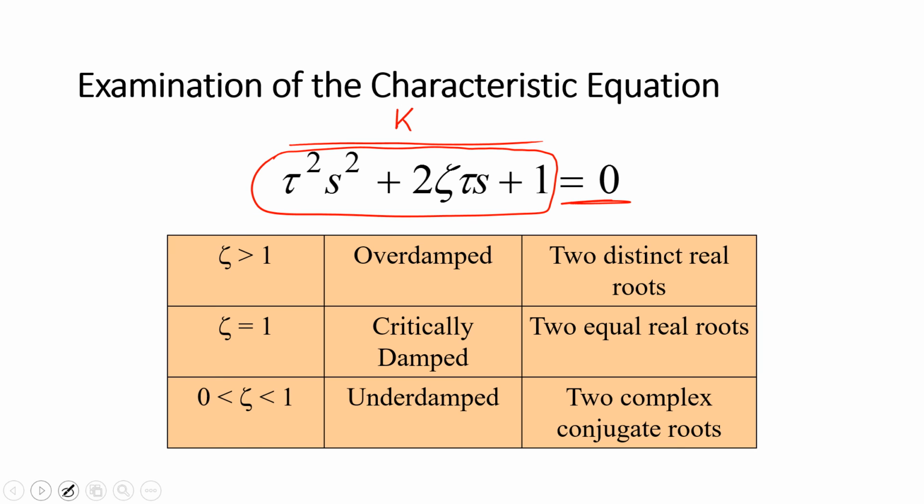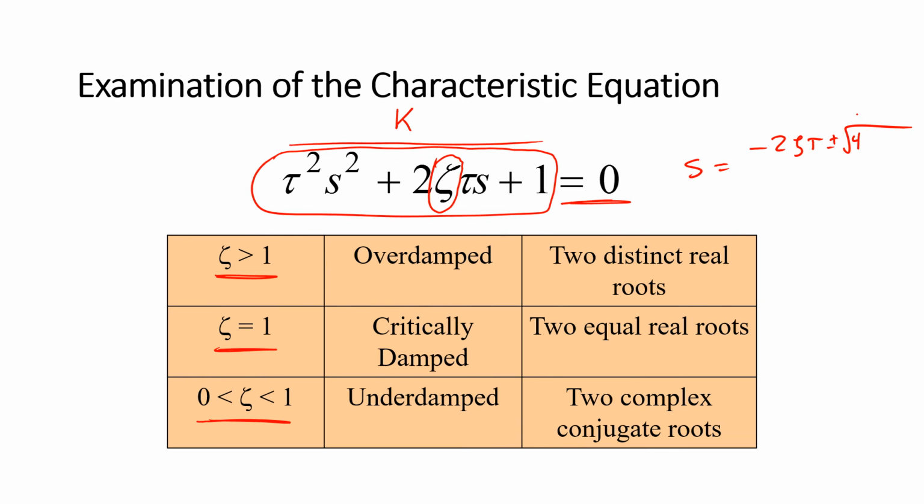So if we get into this form and we look at the value of zeta, if it's greater than 1, then it's going to be overdamped. If it's equal to 1, it's going to be critically damped, and if it's between 0 and 1, it's going to be underdamped. And where this comes from is really, you can look at the quadratic equation. s equals negative 2 zeta tau, that's negative b, plus or minus the square root of b squared.